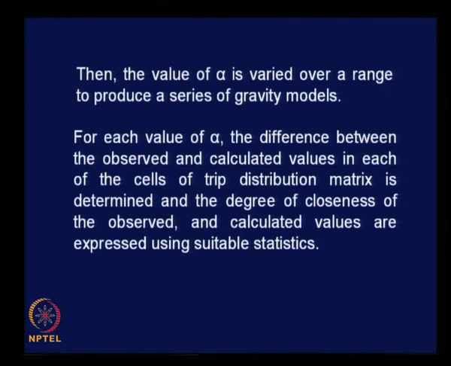For each value of alpha, the difference between the observed and calculated values in each of the cells of the trip distribution matrix is determined, and the degree of closeness of the observed and calculated values is expressed using suitable statistics. Please note, calculated values as well as observed values in each of the cells of the trip distribution matrix are compared and the variation is determined, okay.